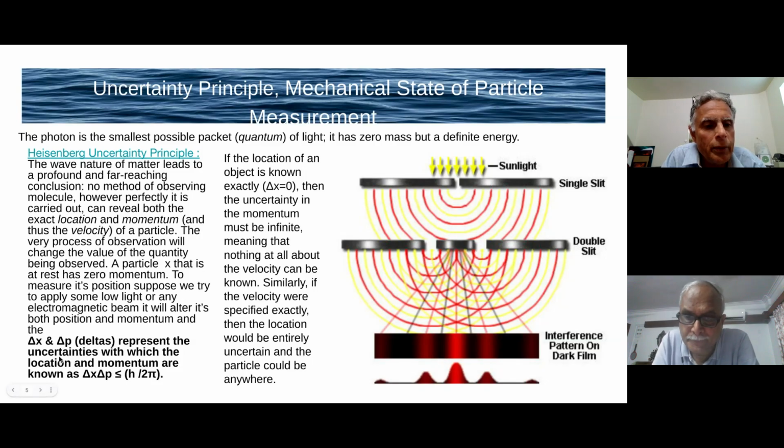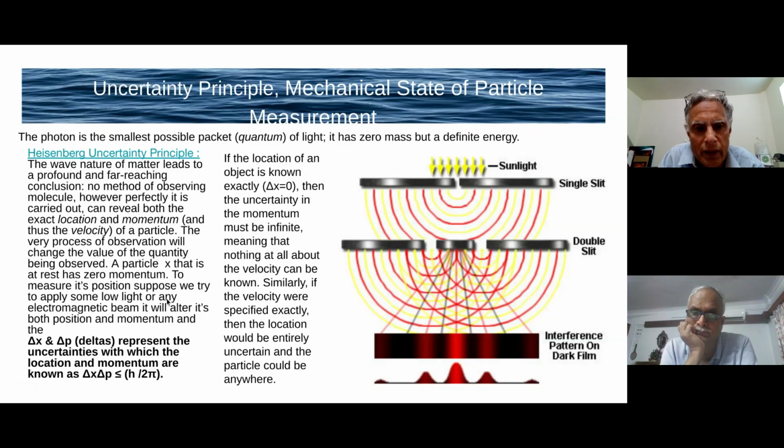Essentially it means there is an uncertainty, and how much uncertainty is described by Planck's constant. If you have x the position and p the momentum, if you take delta x and delta p and multiply them, that will always be greater than or equal to h by 2 pi.